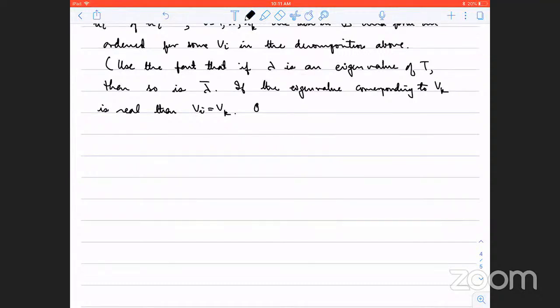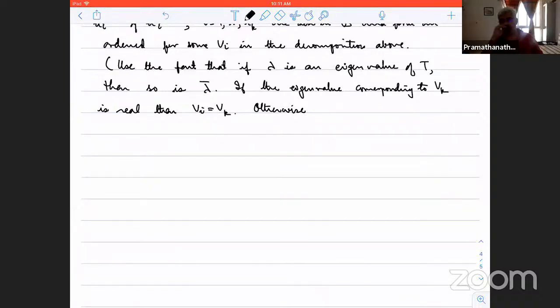Sir, what do you mean by eigenvectors to be real? The eigenvectors are in C^n, right? So I've used a basis and I'm looking at C^n and I can break it up into real plus imaginary. That's all I'm doing.